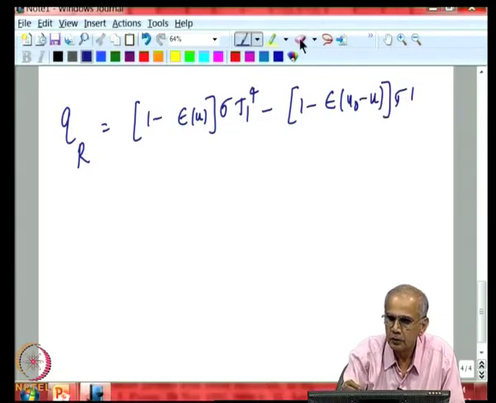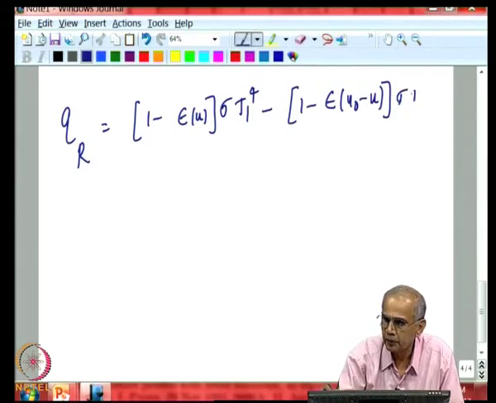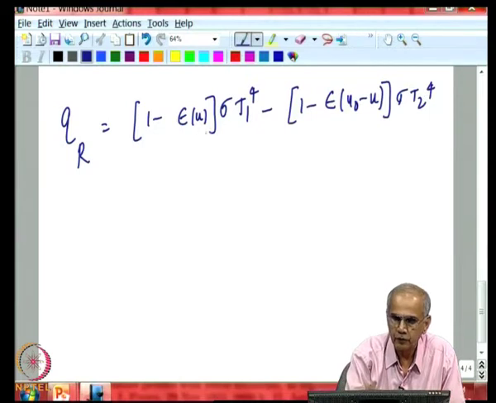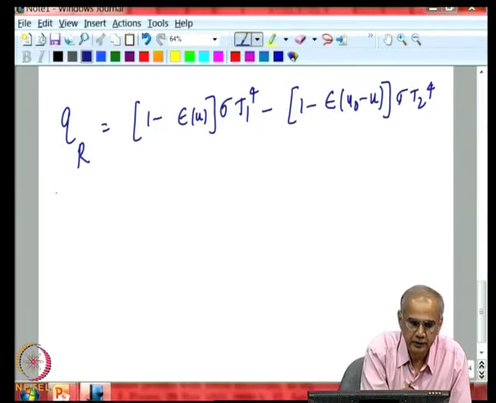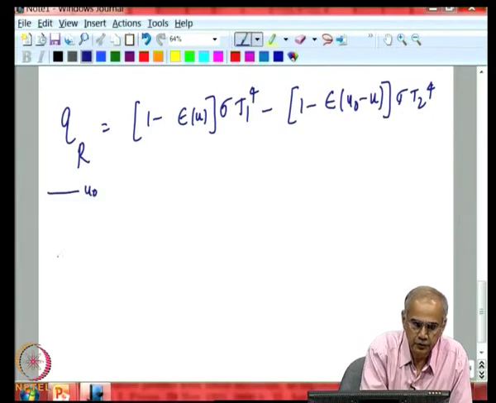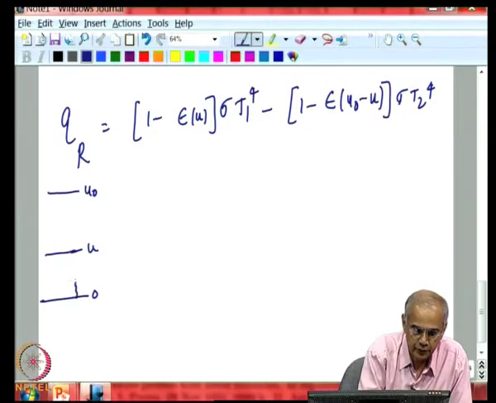So, that quantity will be u for the lower surface and u 0 minus u for the upper surface. That is, this is u 0, this is u and this is 0. So, when radiation comes from surface 1, its distance is u, and when it comes from surface 2, it is u 0 minus u.